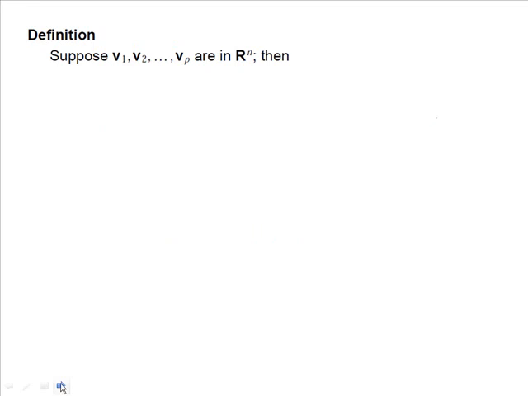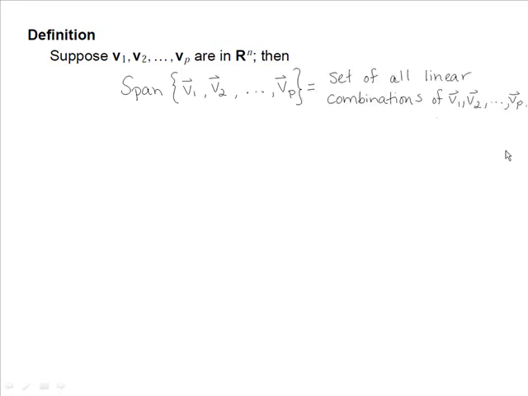Let's look at this definition. Suppose V1 through Vp are vectors in Rn space. Then the span of those vectors is equal to the set of all linear combinations of V1 through Vp.